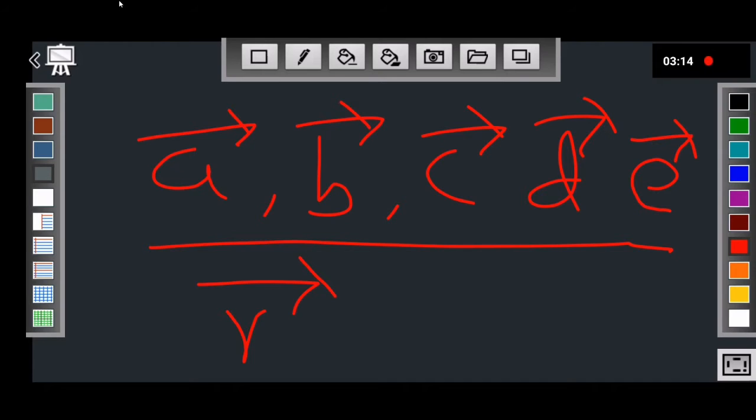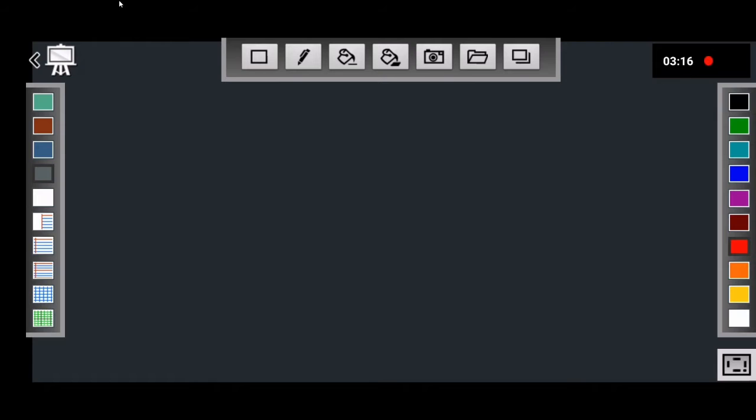Let's see. Suppose here we have a polygon like this.